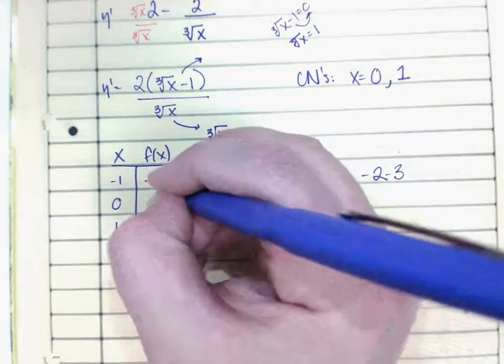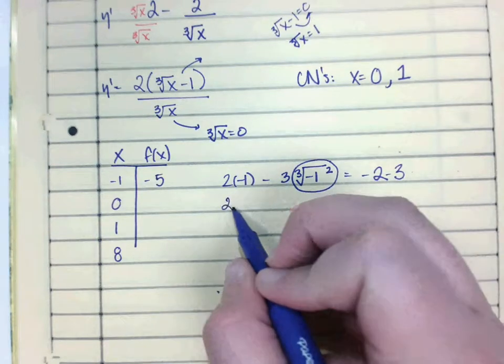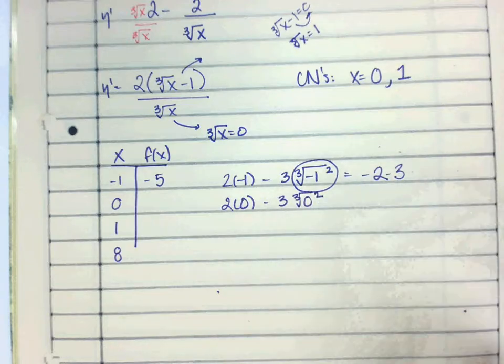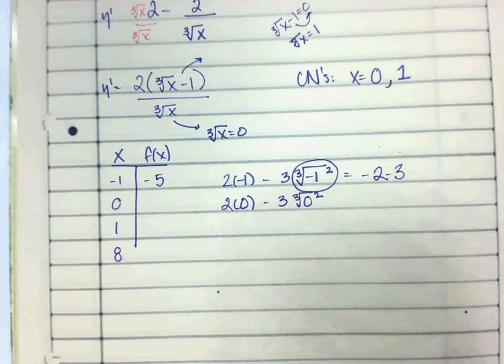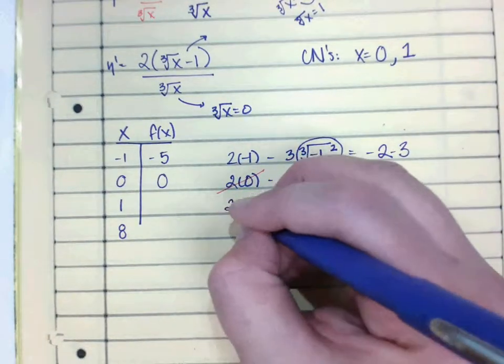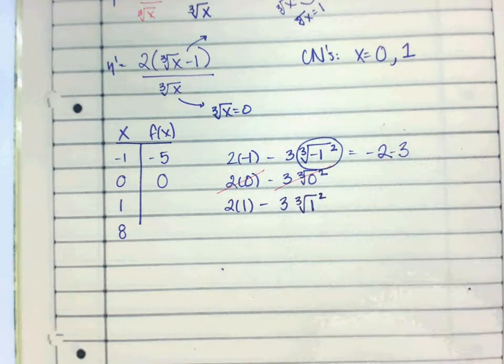Subtract, negative 5. Next one, we're plugging in 0. 2 times 0 minus 3 times the cubic root of 0 squared. Well, 0 times anything is gone, overall it's 0. Plug in 1. 2 times 1 minus 3 cubic root of positive 1 squared.